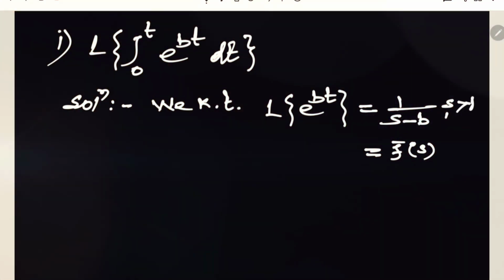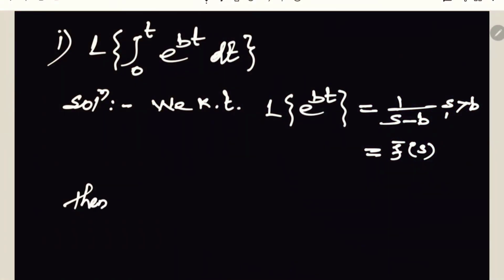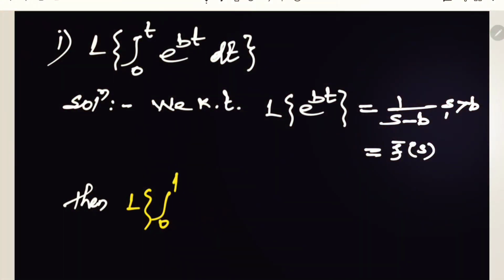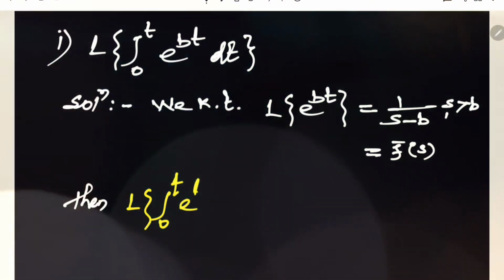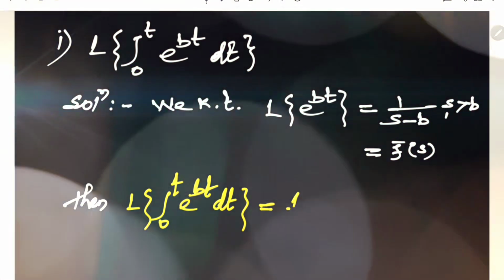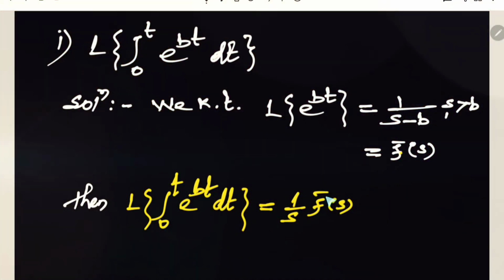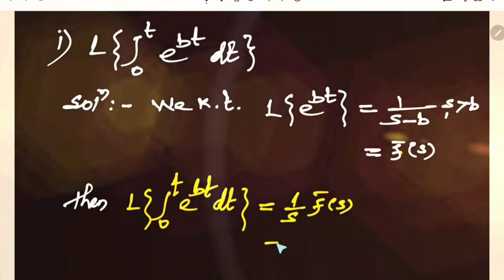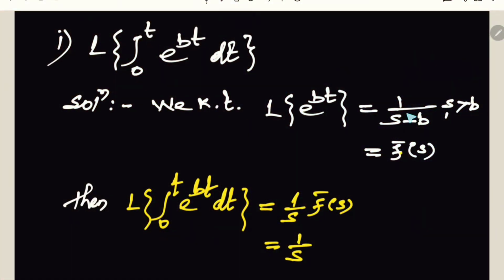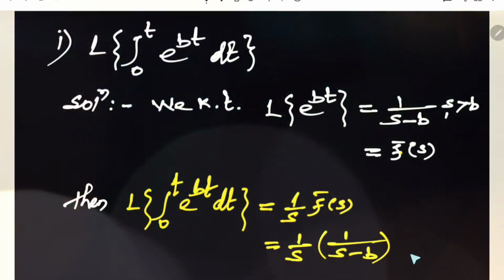This is the first step. In the second step, we apply that theorem. Therefore, the Laplace of the integral from 0 to t of e raised to bt with respect to t is 1 by s into f bar of s. Substituting the value of f bar of s, we get the answer as 1 by s into 1 upon s minus b.